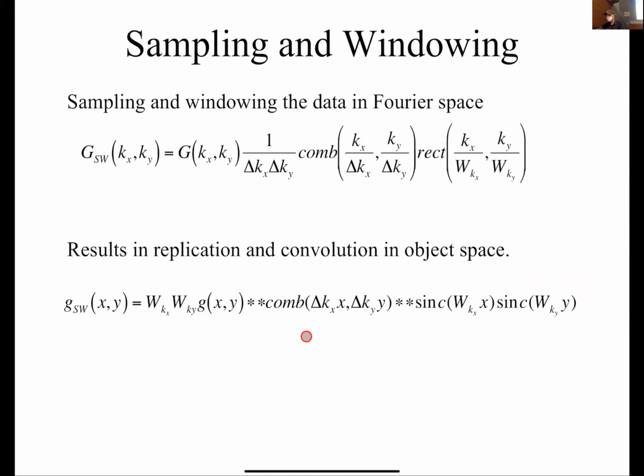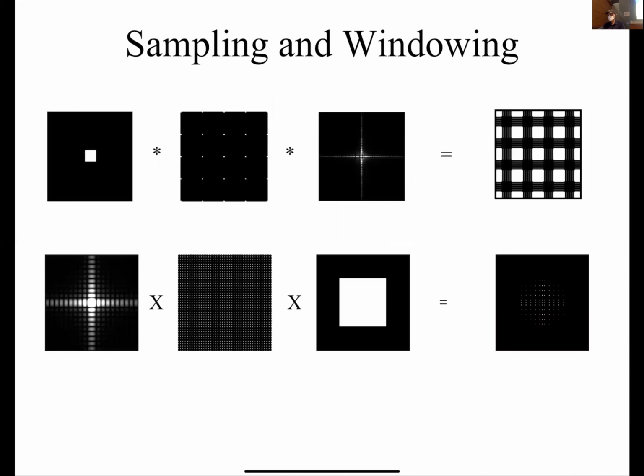So we convolve with a comb, and this has spacing of 1 over delta kx and 1 over delta ky. And then we're also going to convolve with this two-dimensional sinc function. This was the example we went over last time, so I'm not going to go over it today, but essentially it shows multiplication in one domain, convolution in the other domain.